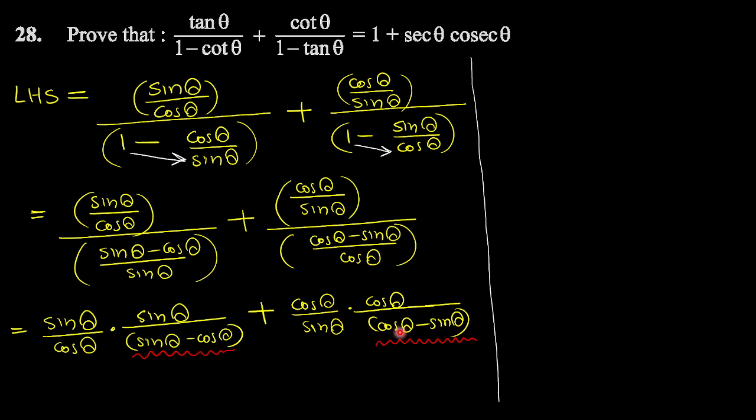If I take minus 1 from this expression, this becomes sin minus cos. Here there is sin minus cos. This one I want to make sin minus cos by taking a minus sign outside. I will write the next step. Here sin theta into sin theta will be sin square theta, correct?